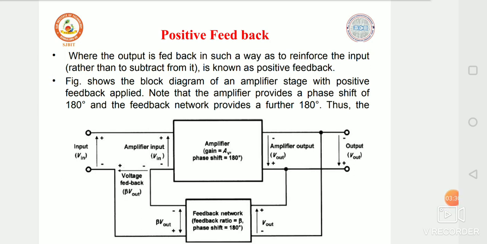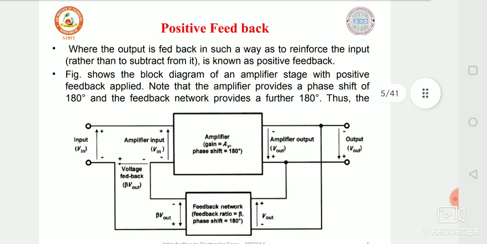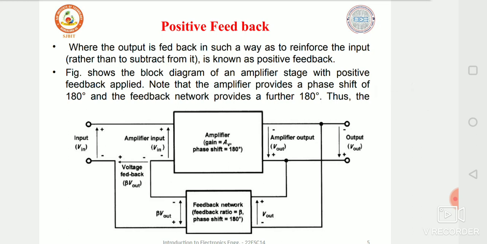In this feedback amplifier we are going to derive an equation, from which we will know that A beta must be equal to 1. To produce a sustained oscillation, to get the 180 degree phase shift, there are two conditions which have to be satisfied here.